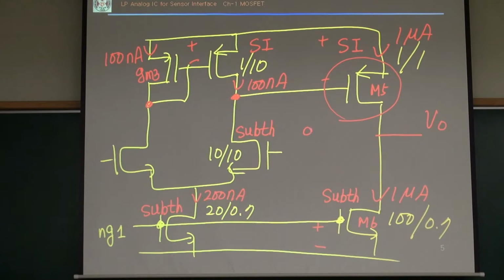I think GM5 is 10 times larger than GM3. In strong inversion, GM is just mu Cox W over L times VGS minus VTH. They have the same gate-source voltage, so it depends on the W over L ratio.